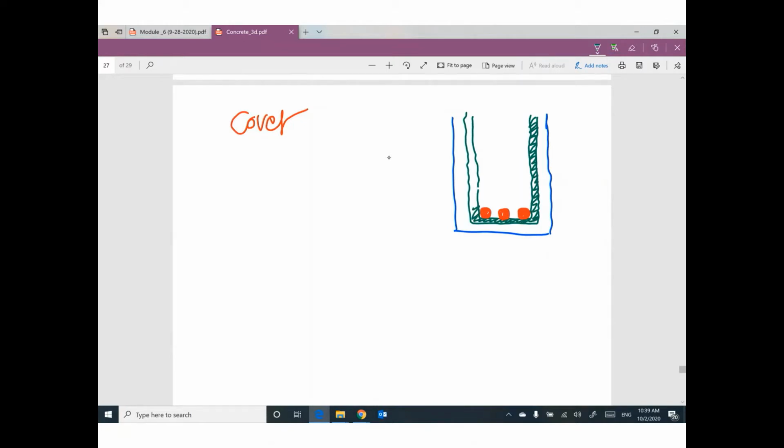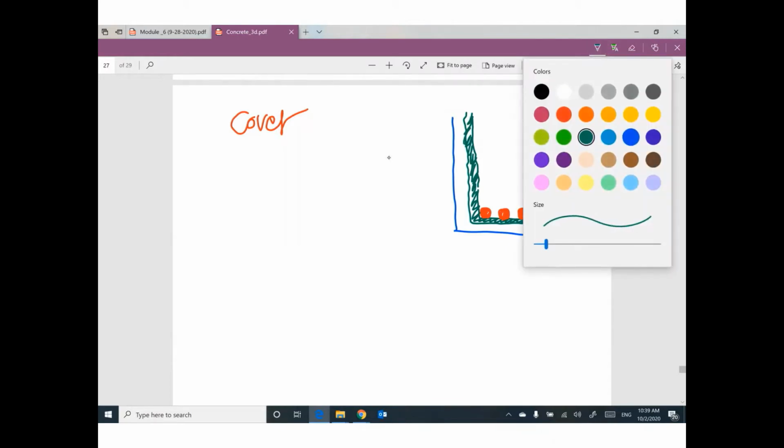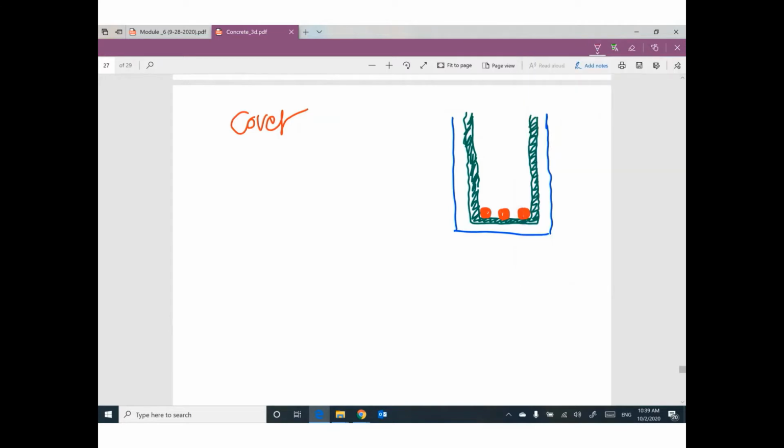According to ACI, concrete cover means this clear distance from this edge to this edge. This is the cover. Actually, if you would like to reach this center line, you need to add something to this cover.